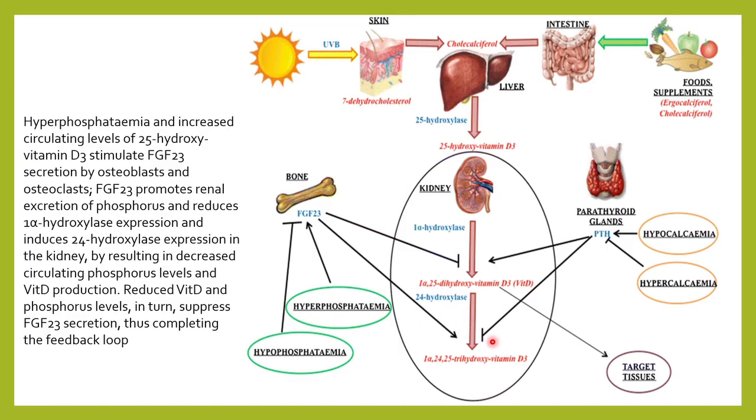So these were the various feedback mechanisms by which they maintain calcium and phosphorus levels in the body. If the calcium levels are high or low, the hormones are stimulated and released and maintain the levels of calcium and phosphorus. Mainly three: parathormone, 1,25 dihydroxy vitamin D3, and calcitonin.